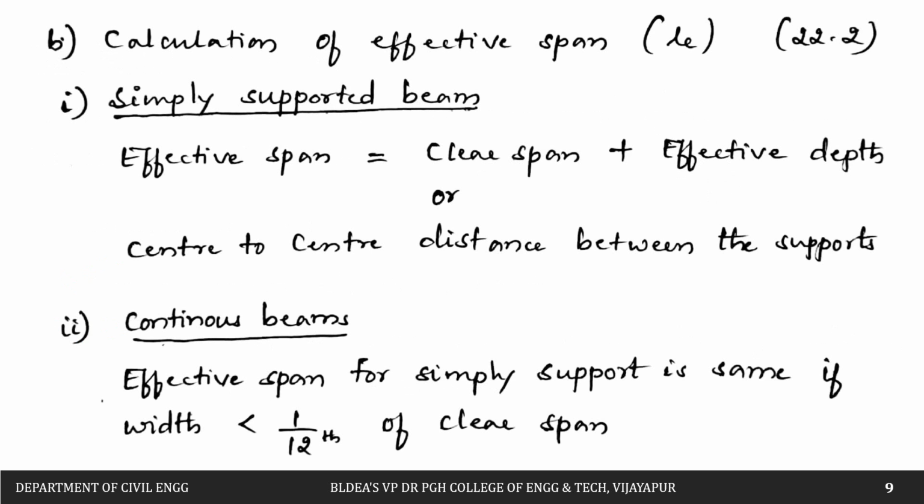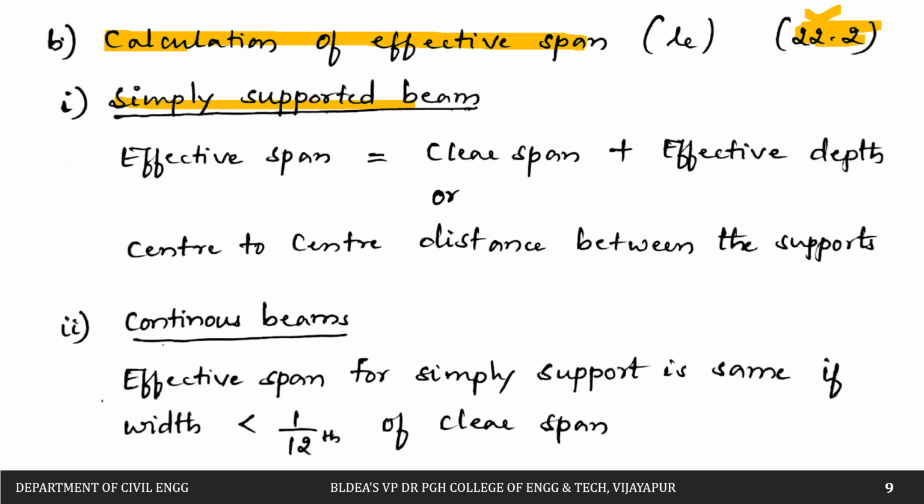Then next, after fixing the dimensions, we'll go for the calculation of the effective span. This is also already given in the code book, that is IS 456, clause 22.2.